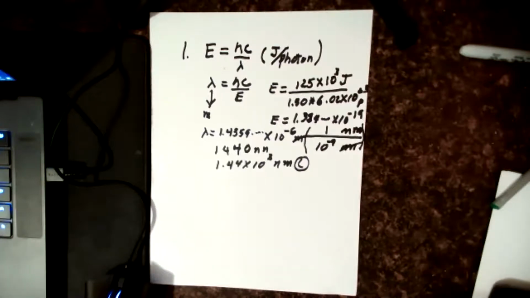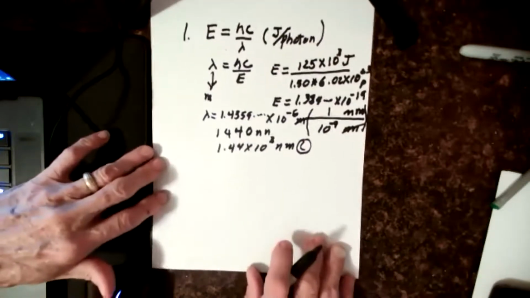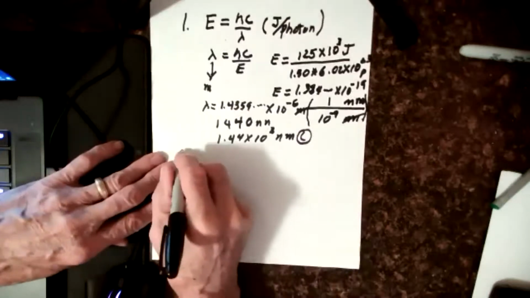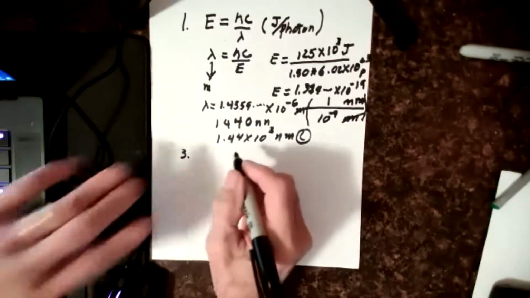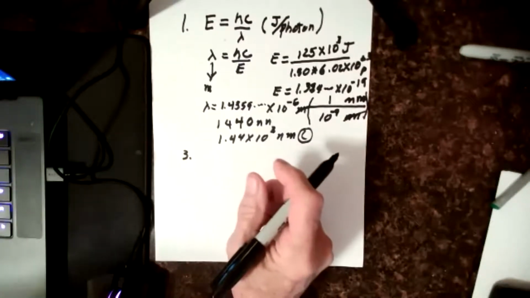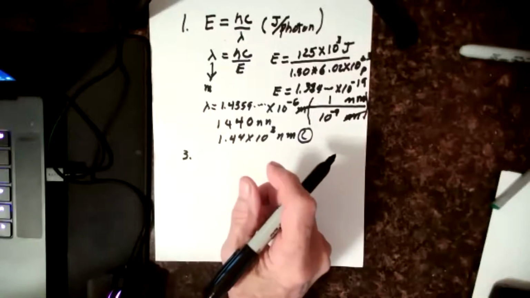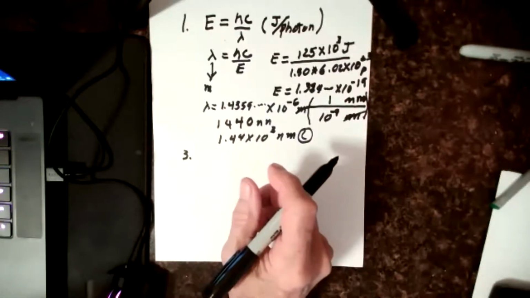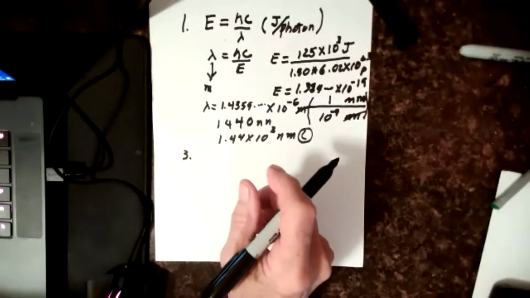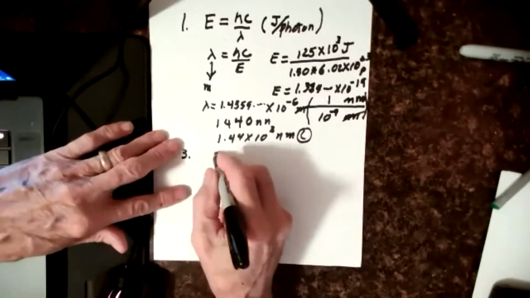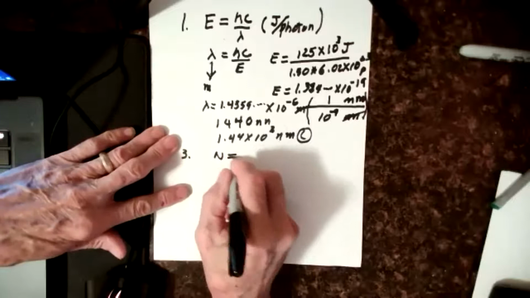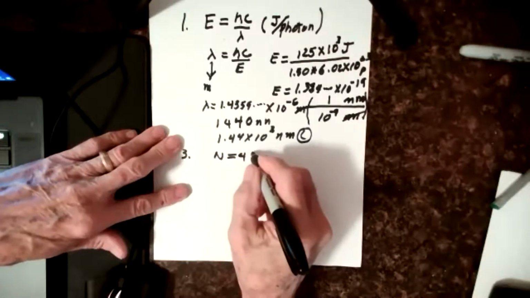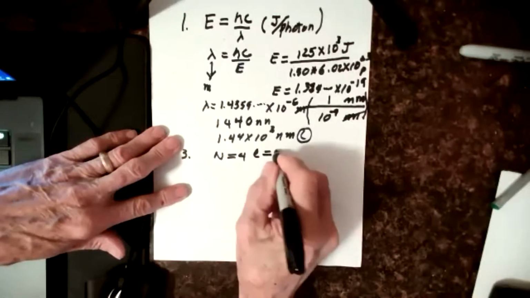Okay, we've said we knew how to do number 2 already. So let's look at number 3 and see what it's about. It's the quantum numbers of the last electron that was added in an electron configuration. And we have n is equal to 4. We have L is equal to 1.